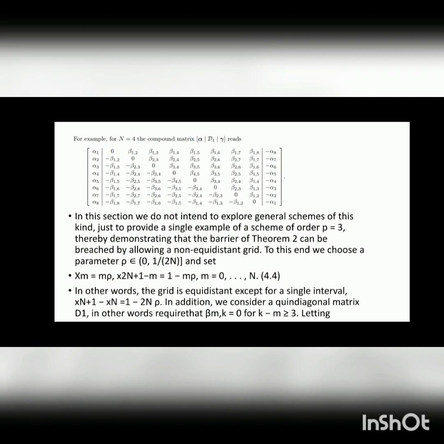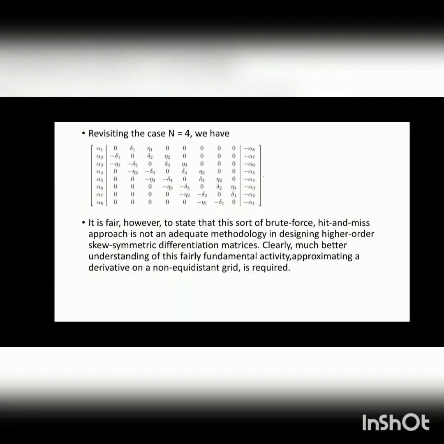In addition, we consider an equidiagonal matrix D1. In other words, we require that beta m,k equals 0 for k minus m greater than or equal to 3. Letting.